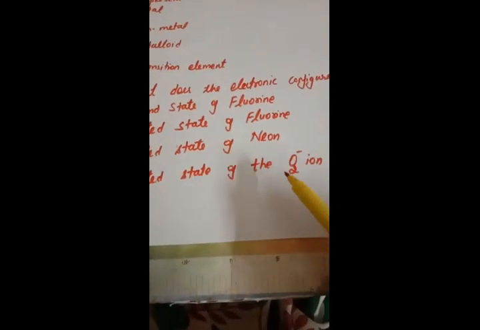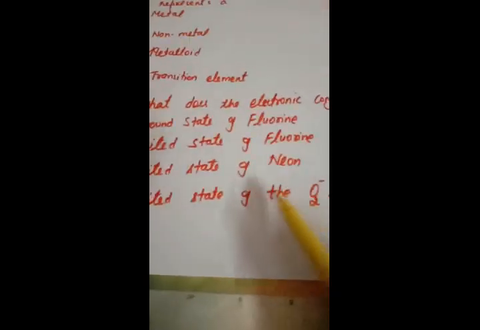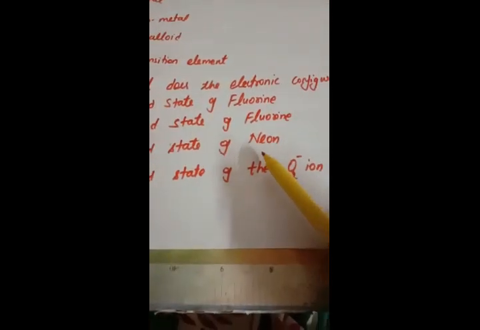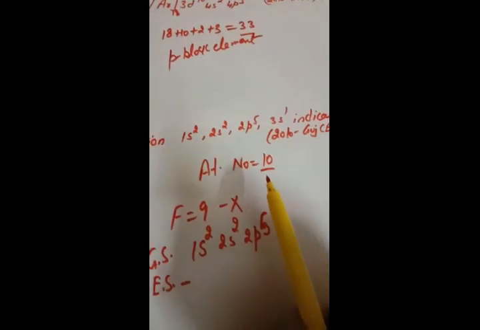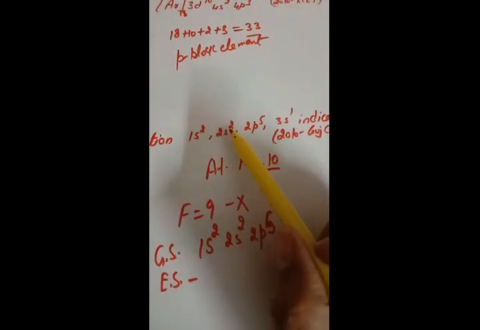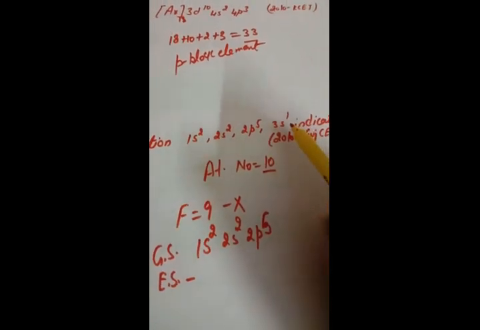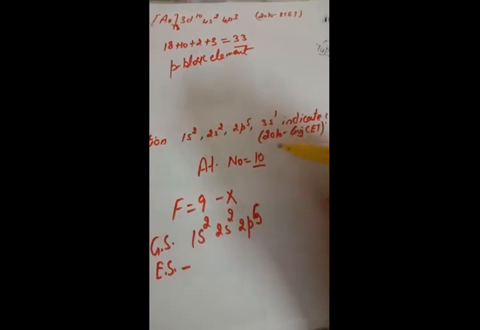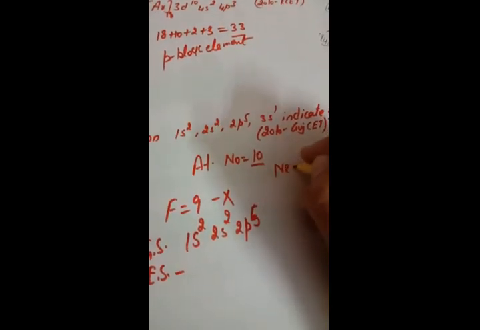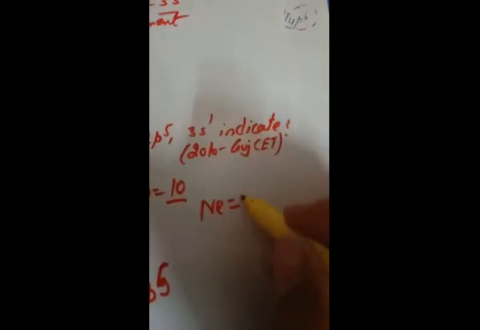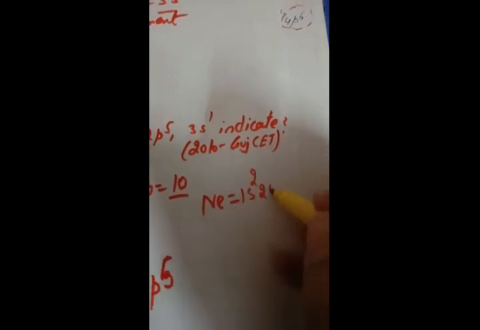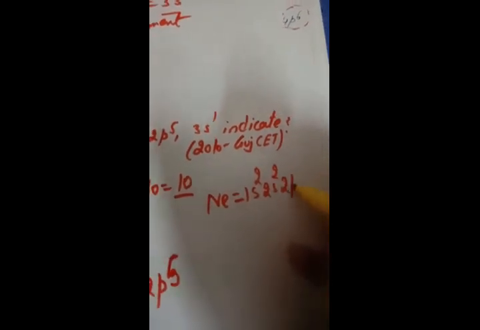Now because the total number of electrons is 10, it belongs to neon. Here also it's written 4, 5, 9 and 1, 10. It means neon. Otherwise its configuration is fully filled, that is 1s2, 2s2, 2p6.